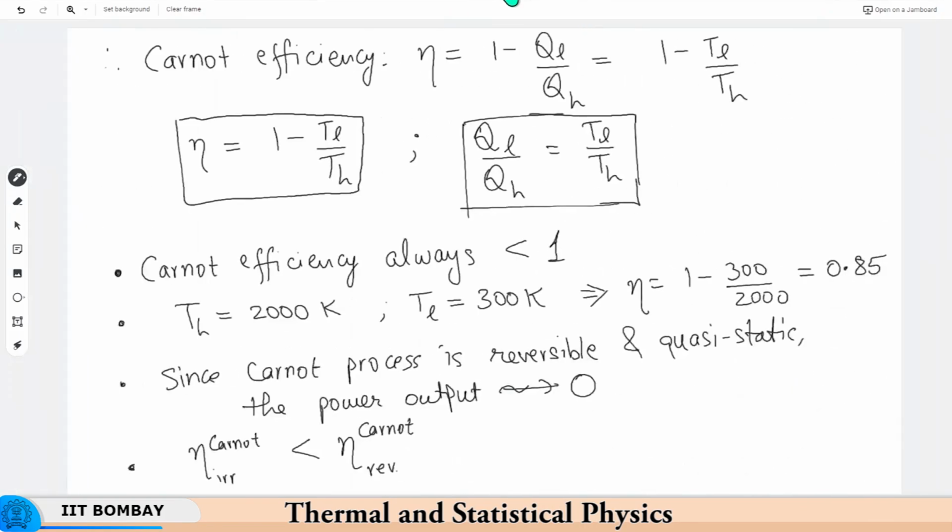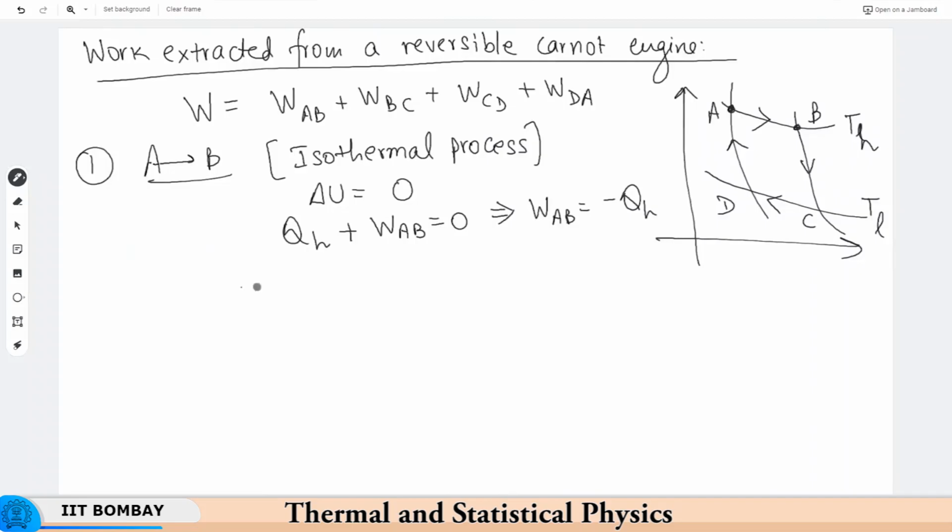So, therefore, this simply becomes, which implies I can write my WAB as negative of RTH log of VB by VA. And now you can see, since VB is greater than VA and there is a negative sign, this work is negative, which means the system is doing work on the surroundings. So, therefore, we are extracting work out of the system in this step, okay.